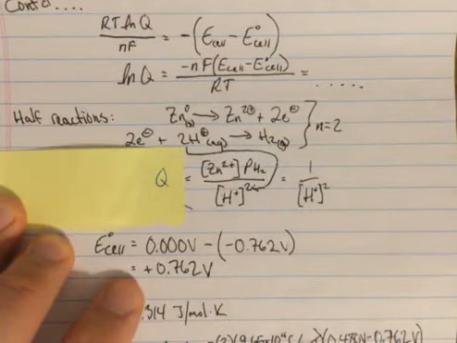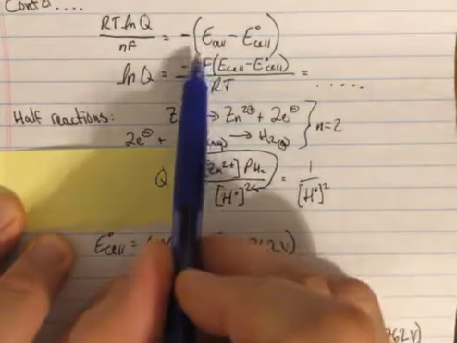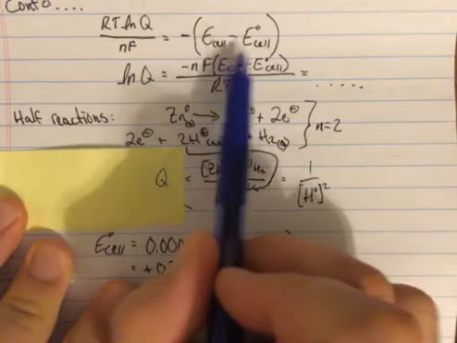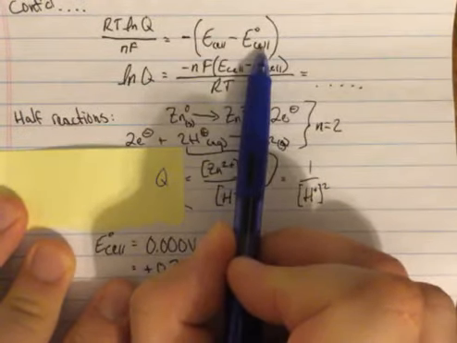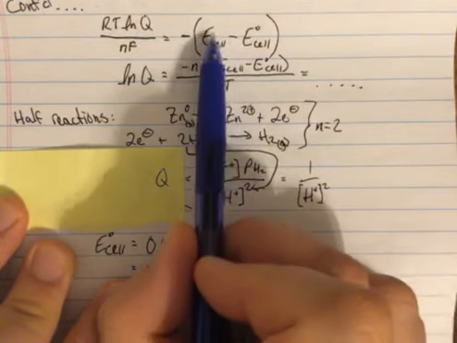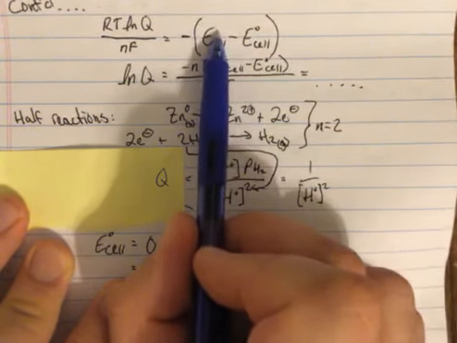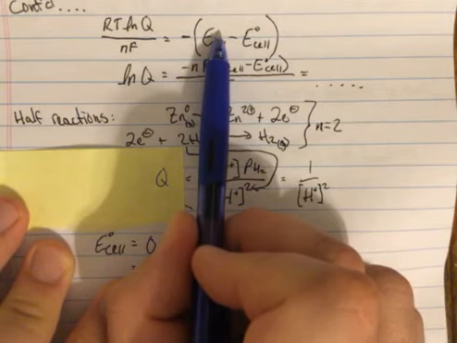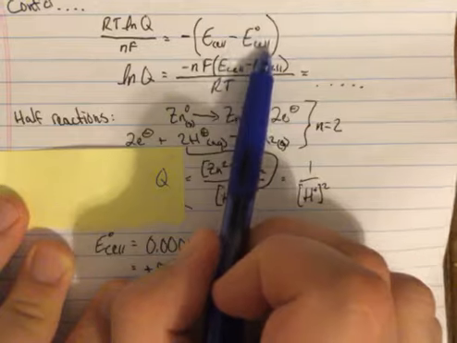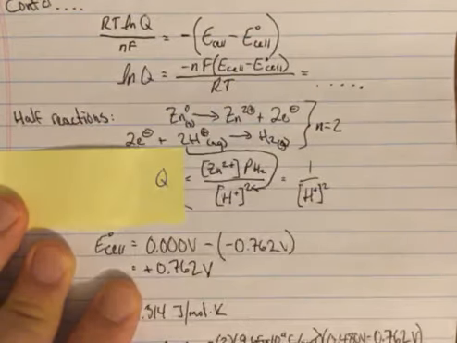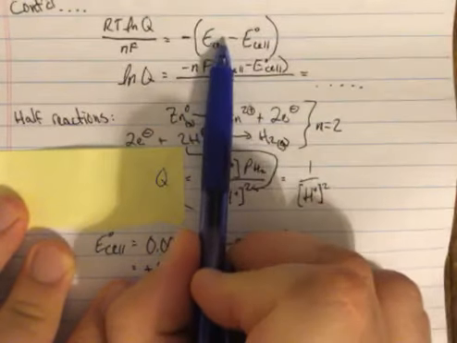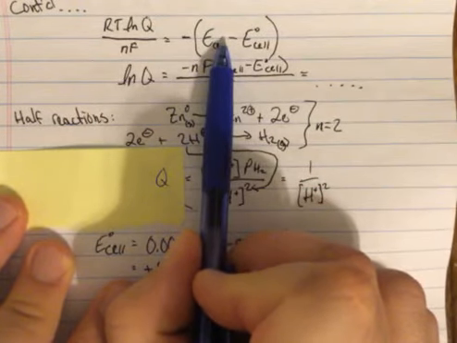Alright, so taking a look at the equation I have here, effectively what I did was I took the standard cell potential and I took the actual measured cell potential, which is, remember, 0.480 volts. So we have the standard, and then we have the actual measured voltage or potential.